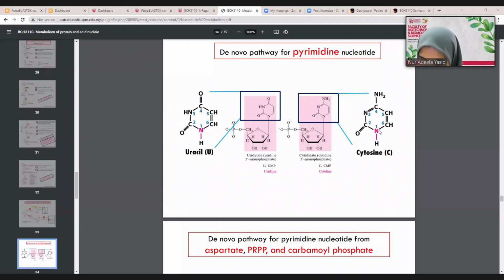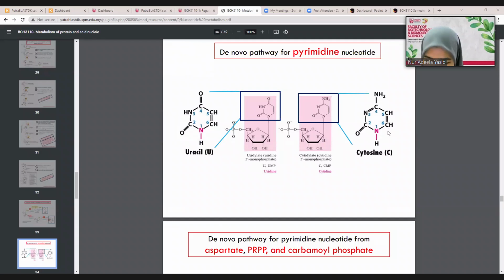We know that N1, C4, C5, C6. C2 arises from bicarbonate, and N3 is probably contributed by glutamine, an amino group. All these carbons, C4, C5, C6, are derived from aspartate.